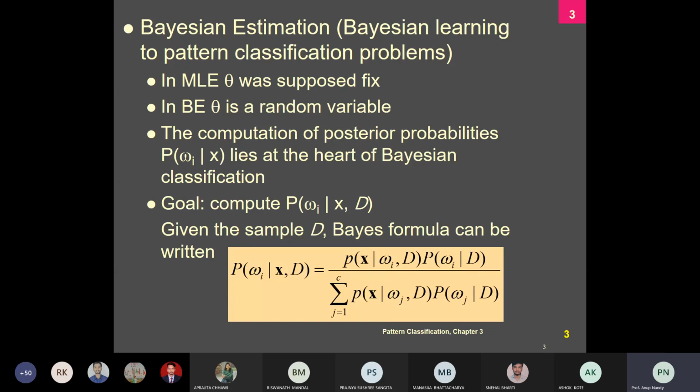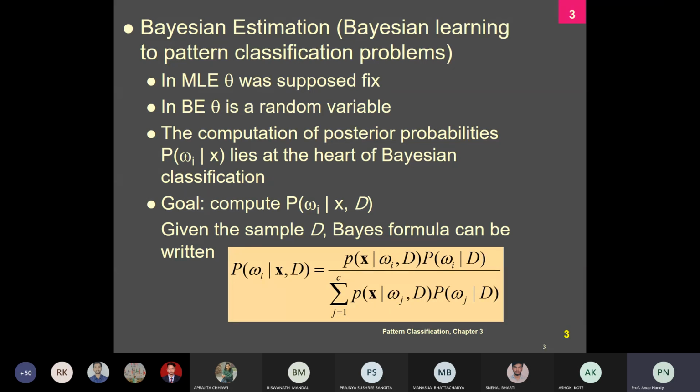But here, how do you compute the posterior probability? From these training data points, because only that type of knowledge is given to you. If you somehow represent a functional form of the distribution from the data points D and the prior probability, then you can easily estimate P(wi|x, D).